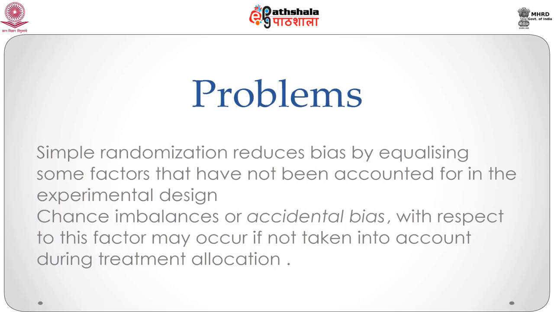However, there is always a chance of imbalance, which is called accidental bias, which can occur if the gender of the person is not taken into account in the treatment allocation procedure.